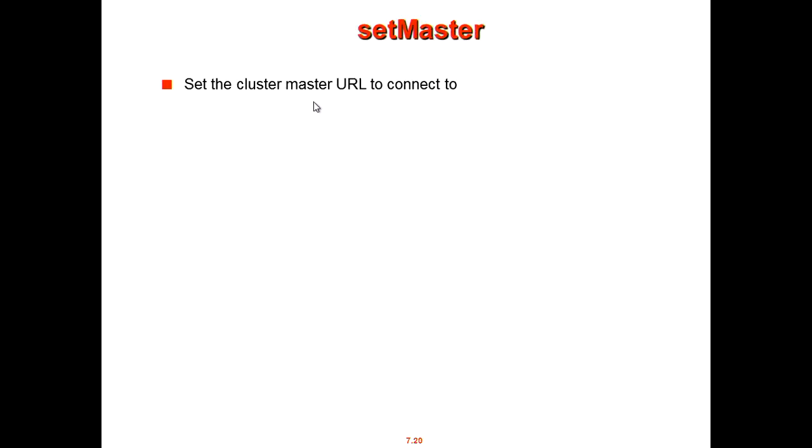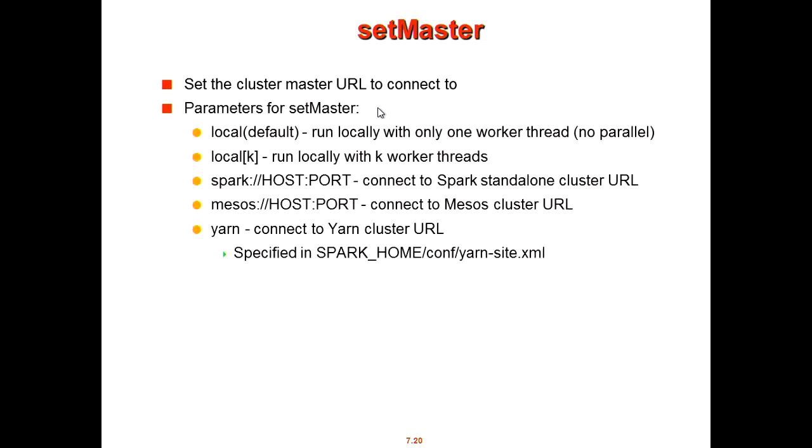We need to set the cluster master URL to connect to Spark, and the parameters for this function are the following. Now, if we just debug our code, we can just use local. So this is the default, which means that it runs locally with only one worker thread. There's no parallelism. Okay, so the partition is only one. There are no more partitions.